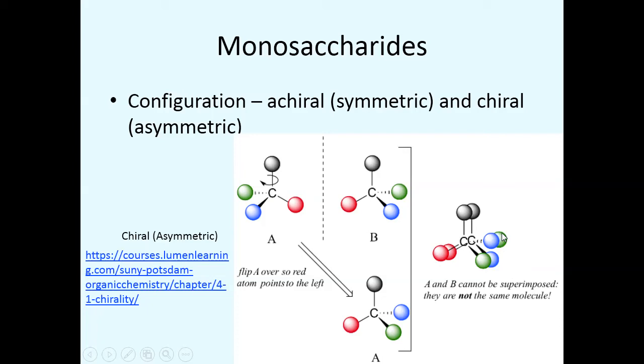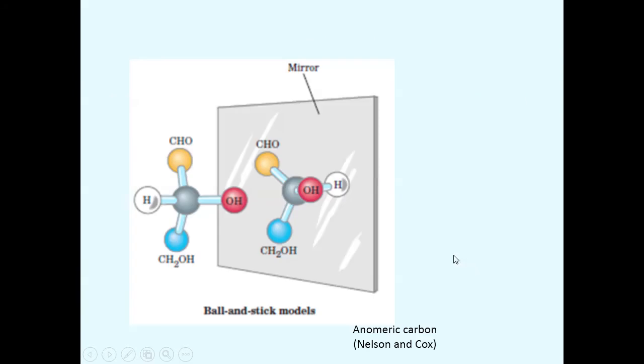As you can see, the green and blue groups are not superimposed. This is because the central carbon atom is asymmetrical. So if a carbon atom has all 4 different groups attached to it, it does not have any symmetry and hence is called a chiral carbon. This figure is showing a molecule of glyceraldehyde with a central chiral carbon atom with all 4 different groups attached to it.